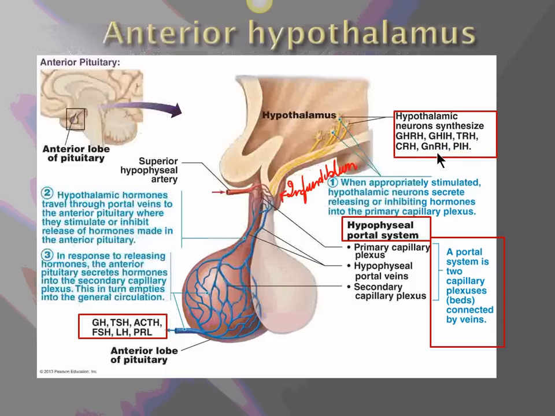The gonadotropic releasing hormone will cause release of FSH and LH. And the prolactin inhibiting hormone will prevent release of prolactin. When its levels are low, then prolactin is secreted. Okay? So these cells in the anterior pituitary pour their secretions into the general circulation, and these then will go and act on the target organs. Okay?